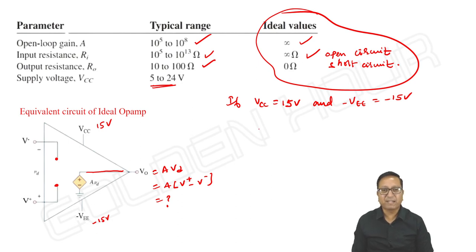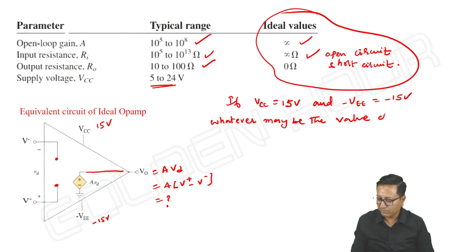Then the maximum value of the output, V output, whatever may be the gain, is equal to VCC, 15 volts, ideally.